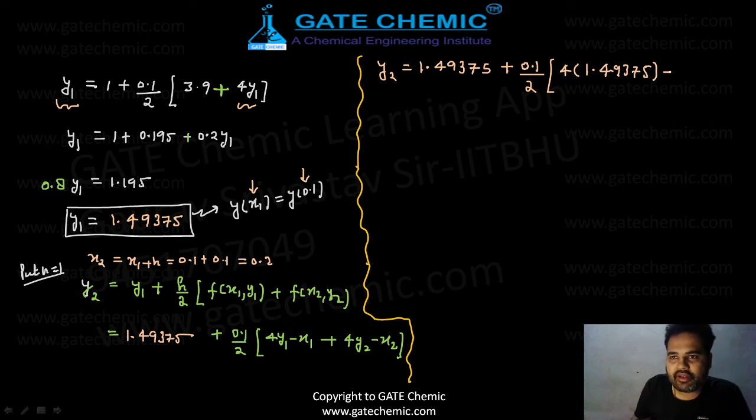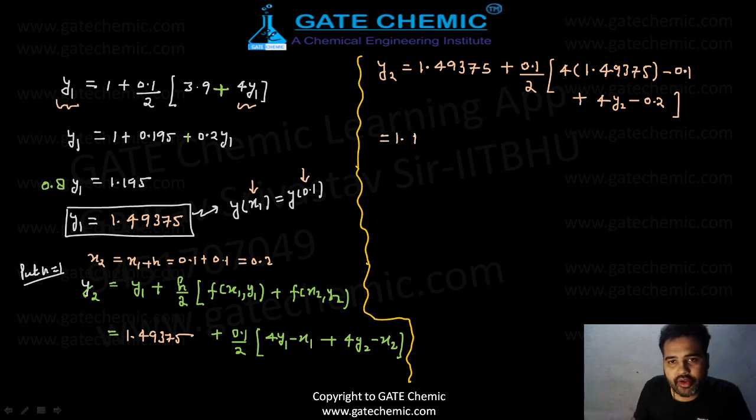This is y1 minus x1, plus 4 y2, I don't know the value of y2, minus x2. So x1 was 0.1 and x2 was 0.2. Okay beta, now solve it carefully.